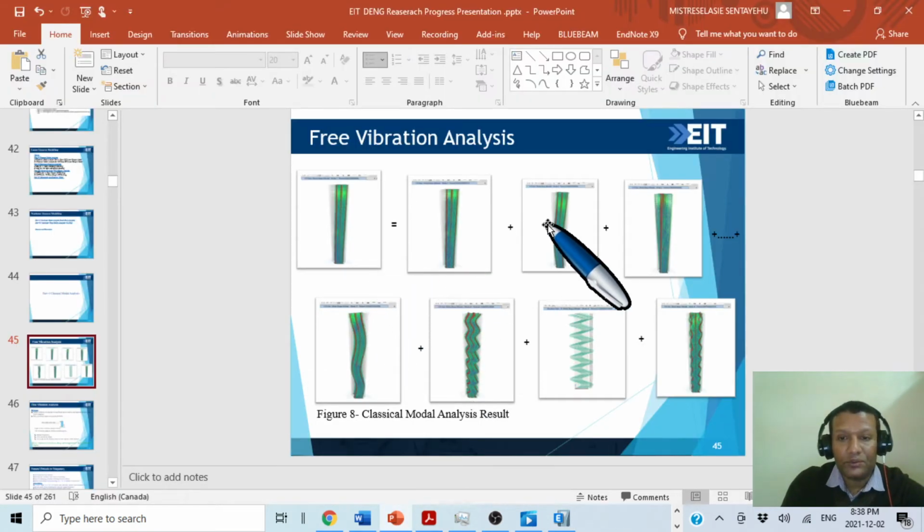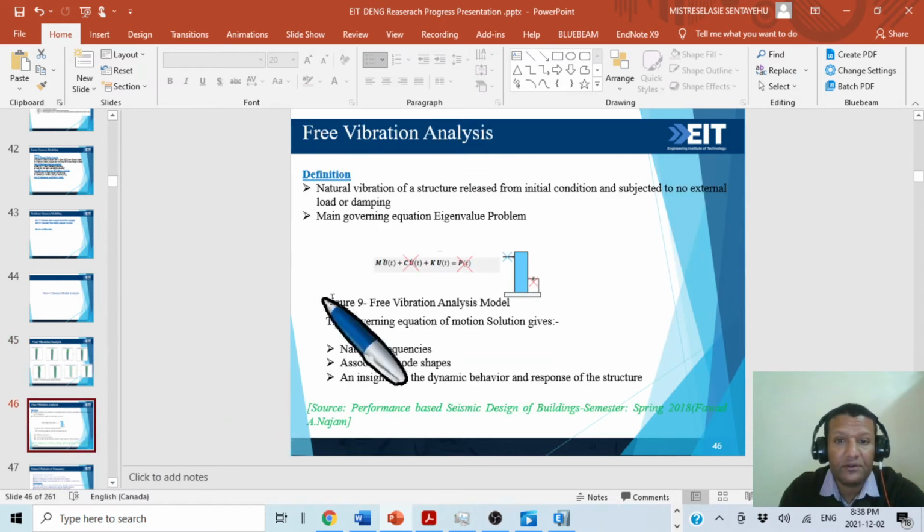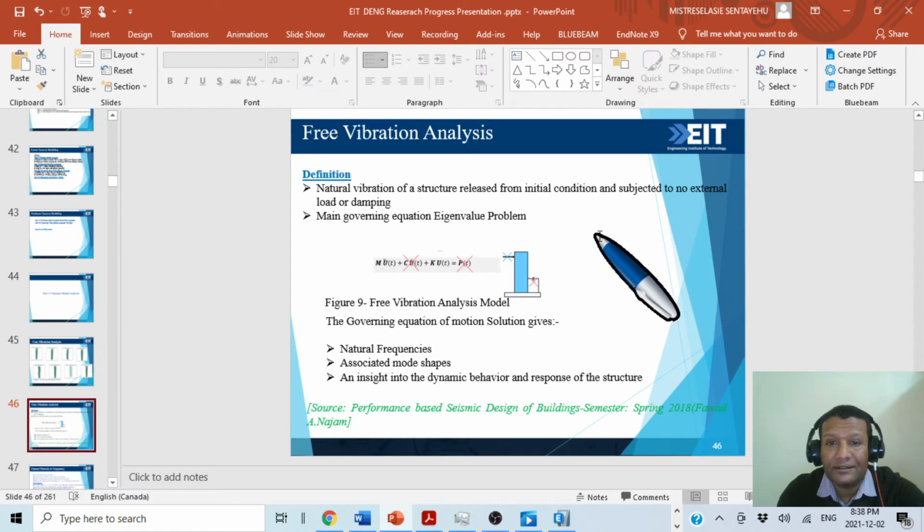This is classical modal analysis, and we will see the mode shapes: first mode, second mode, third mode. For this, I set 20 modes only, but basically modes are equal to the number of degrees of freedom of your building, but there is no need, because the higher modes will not contribute to our discussion. So free vibration analysis definition: natural vibration of a structure released from an initial condition and subjected to no external load or damping.